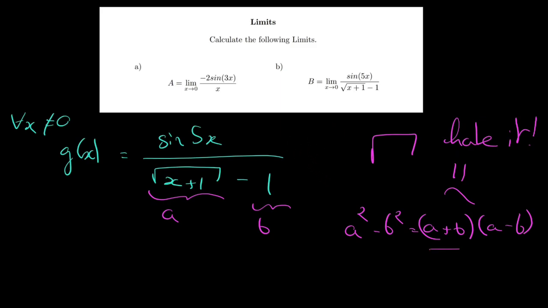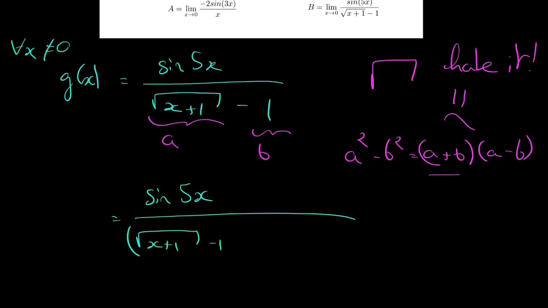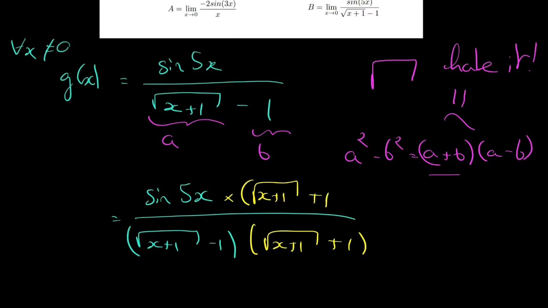Let's do it. g of x is equal to sinus of 5x over what? Still square root of x plus 1 minus 1. But this time I will multiply by square root of x plus 1 plus 1 at the bottom, but also at the top.